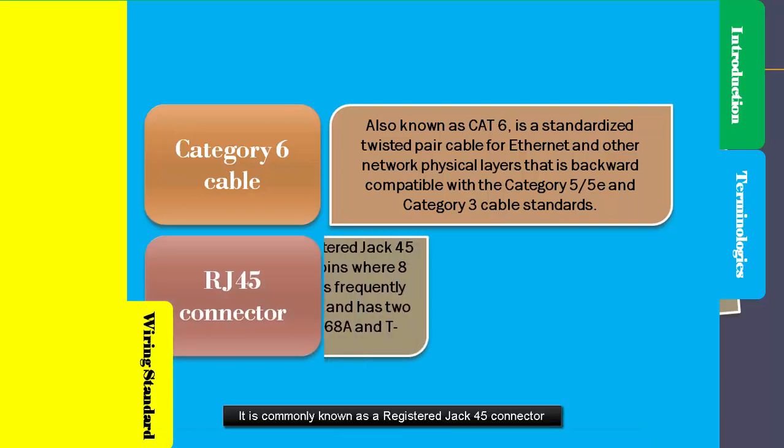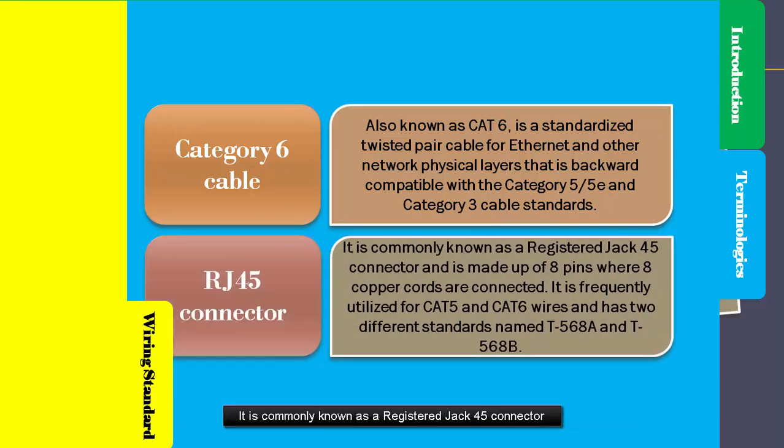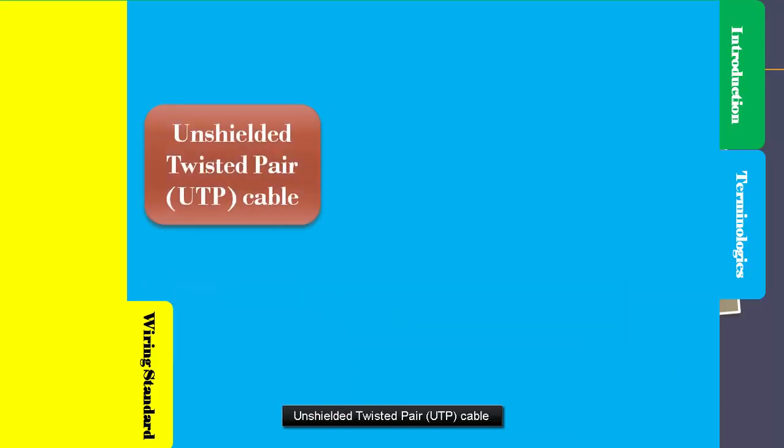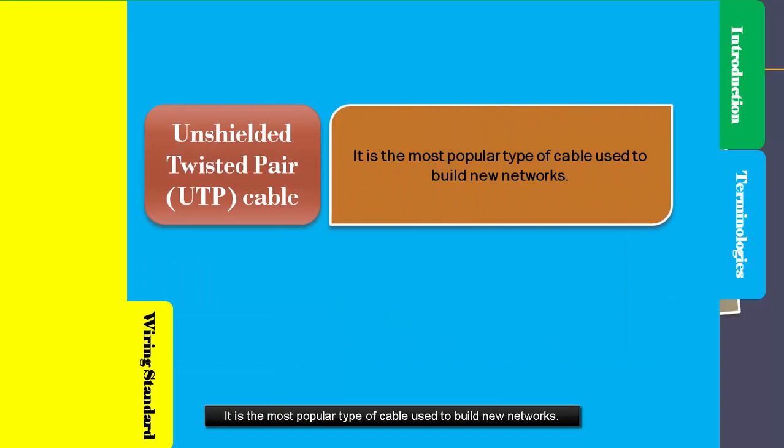RJ45 connector. It is commonly known as a registered jack 45 connector and is made up of 8 pins where 8 copper cords are connected. It is frequently utilized for Category 5 and Category 6 wires and has two different standards, named T-568A and T-568B. Unshielded twisted pair cable. It is the most popular type of cable used to build new networks.